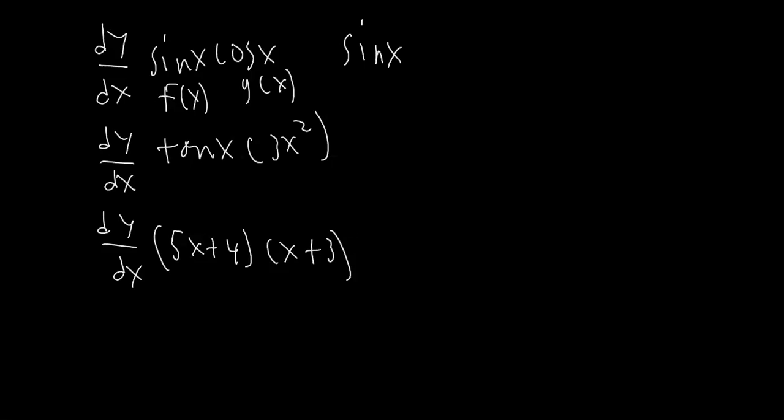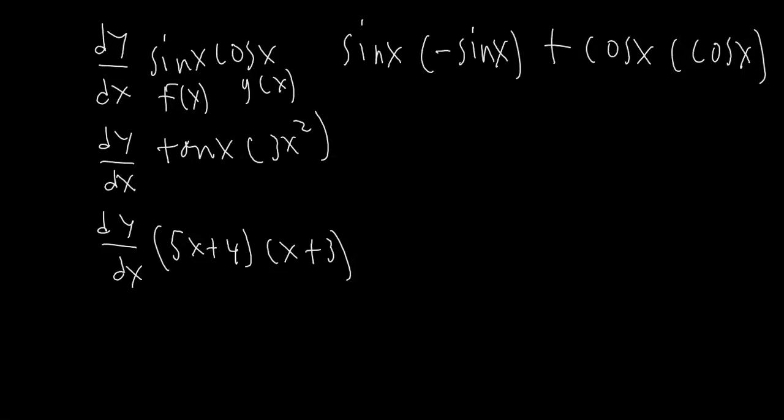So g prime of x is just negative sine. Remember, always take the derivative of each component when necessary. So sine of x times negative sine of x plus g of x, cosine of x, times f prime of x, which is just cosine of x. So in this way you apply the product rule.